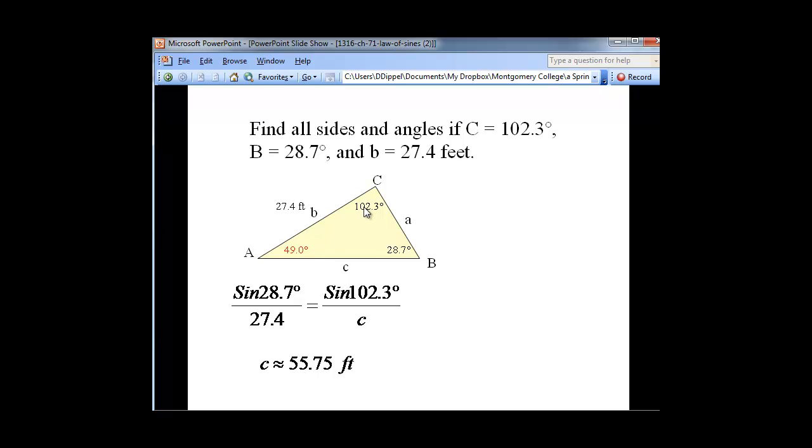So then you can take B with b and A with a and put those together. Sine of 49 goes with a. 28.7 goes with 27.4. And again, you can cross multiply. Just use decimals on your calculator, solve for a, and you should get 43.06. So that's how the law of sines works.